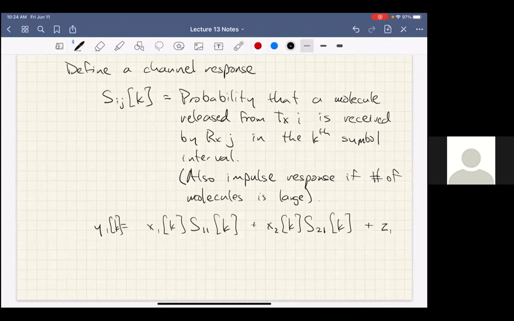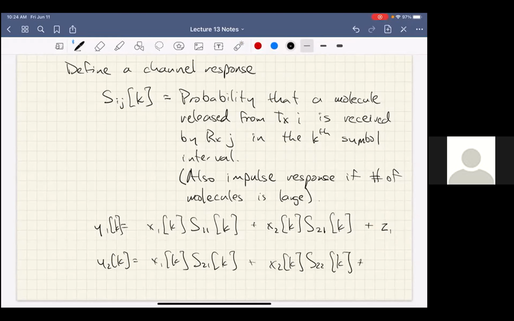The noise will allow us to convert from, we talked about noise in the last lecture. We talked about counting noise as a data-dependent Gaussian noise, and that's basically what this will end up being. Similarly, y2 of k is x1 of k, s21 of k, plus x2 of k, s22 of k, plus z2.